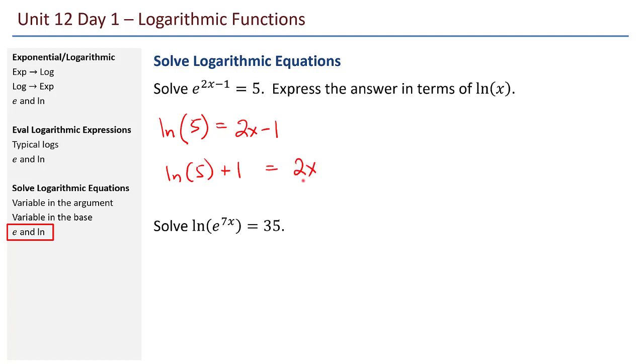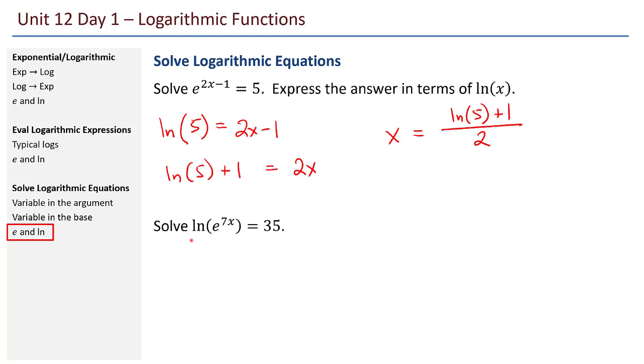And then I can divide both sides by 2, and I end up with x equals natural log of 5 plus 1, all over 2. And there's my solution. I've left the natural log of 5 in there, and that's what it means to express the answer in terms of the natural log.